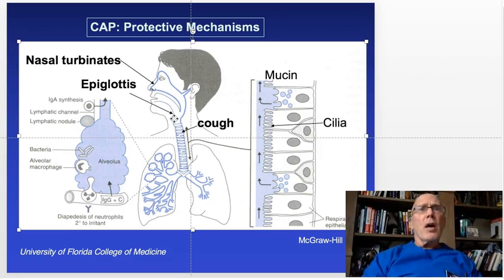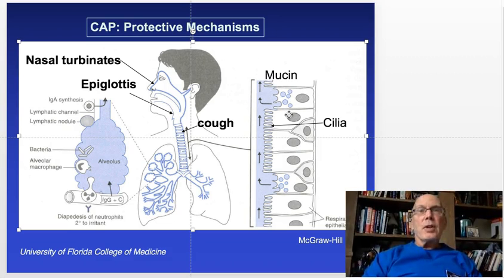In addition to our cough, our trachea and bronchi are lined with mucin-secreting epithelial cells. On the surface of these cells, there is mucin that traps the bacteria and viruses. These cells also have beating cilia on their surface. The cilia act as a conveyor belt and move the sticky mucus upward toward the pharynx.